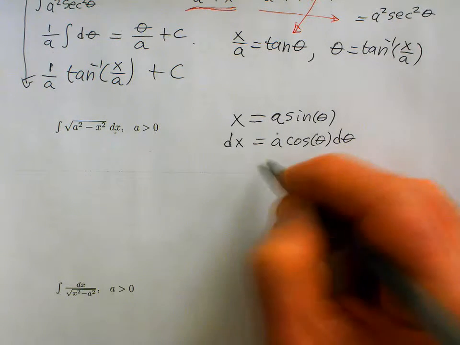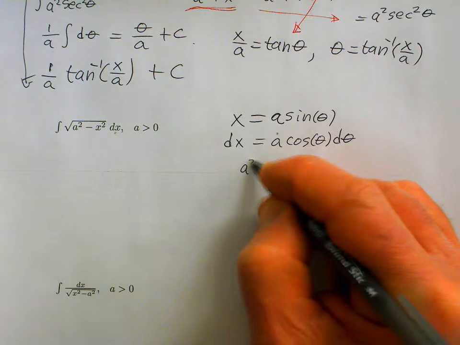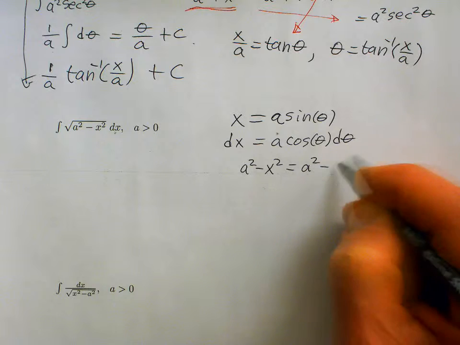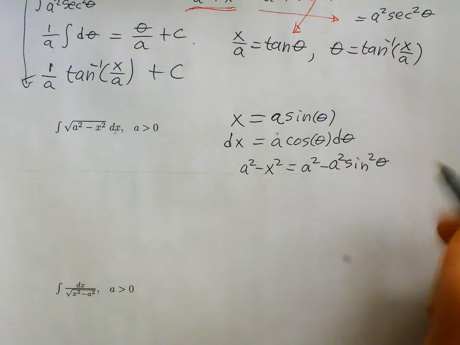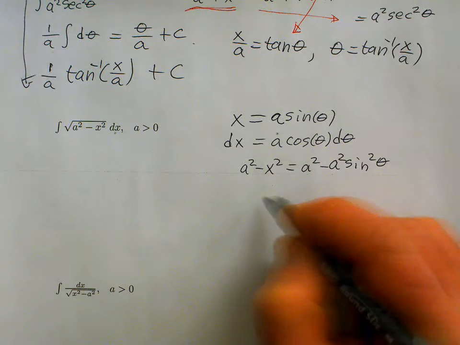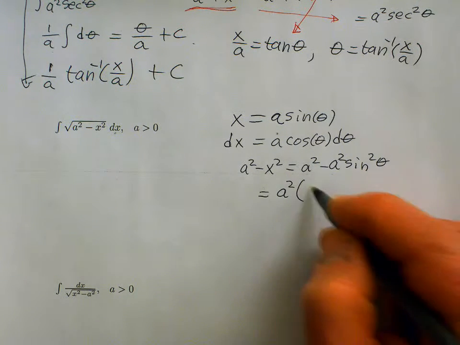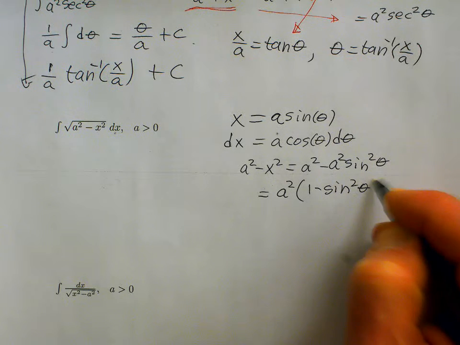And let's do a little more arithmetic. The a squared minus x squared is a squared minus a squared times sine of theta squared. Factor a to the second out, we get a to the second times the quantity 1 minus sine of theta squared.